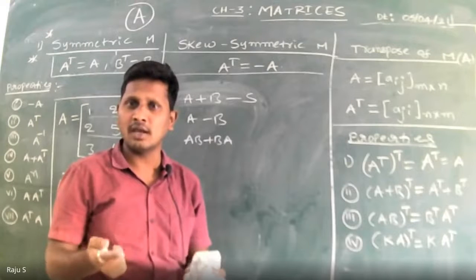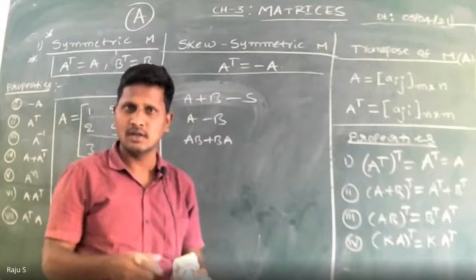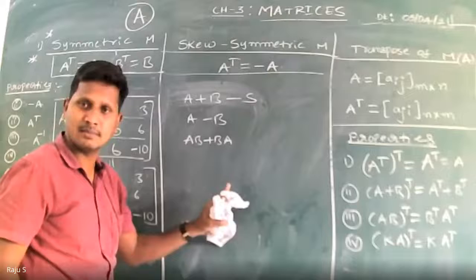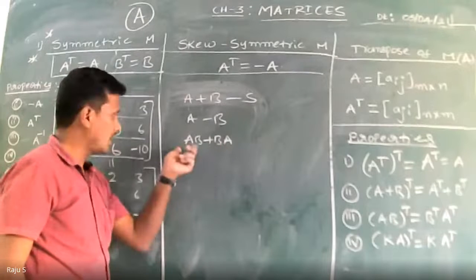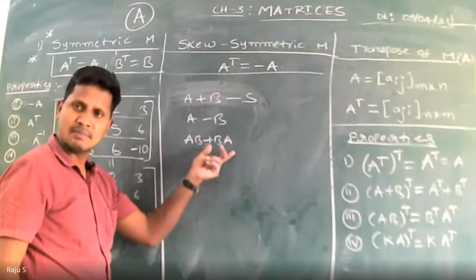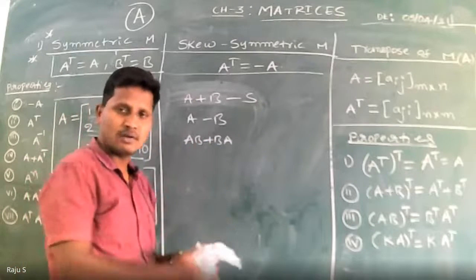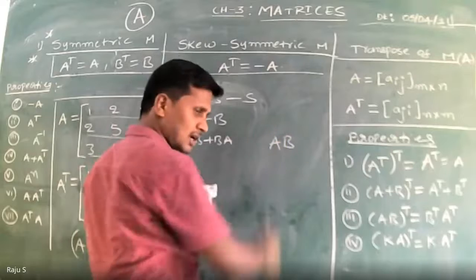The product AB may or may not be symmetric. AB plus BA, the sum of the products of two matrices, must be symmetric, but I am not saying that AB is symmetric.